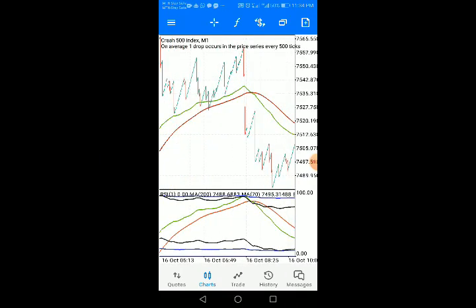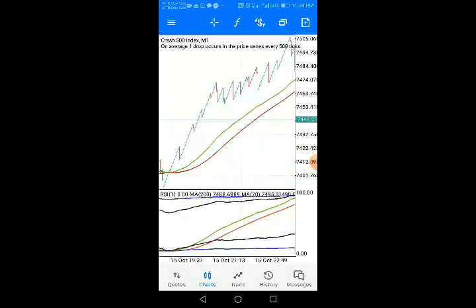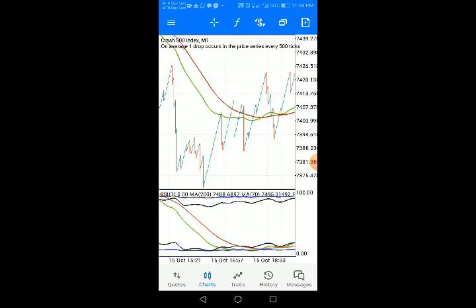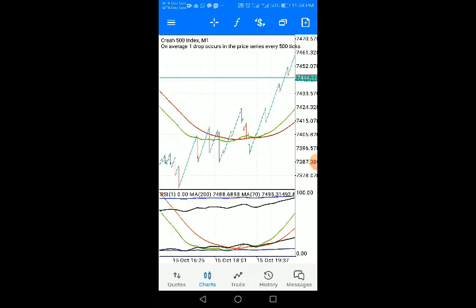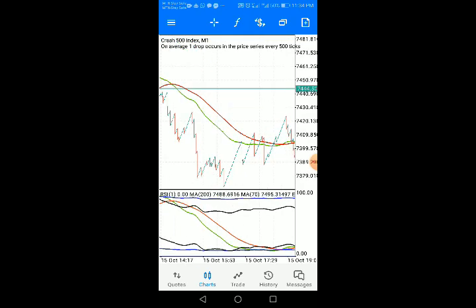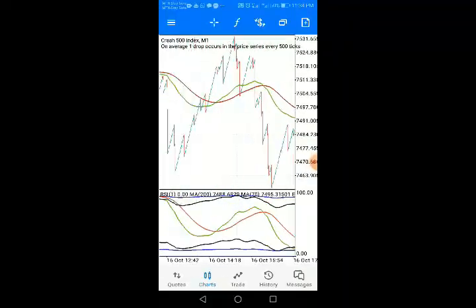So how to use it. After you've made sure that everything is well set up, the first thing you want to look out for on the main chart is the cross. That's this cross here.